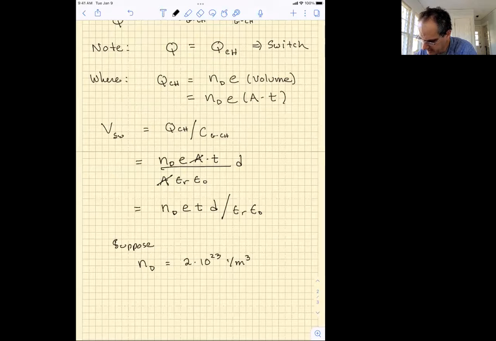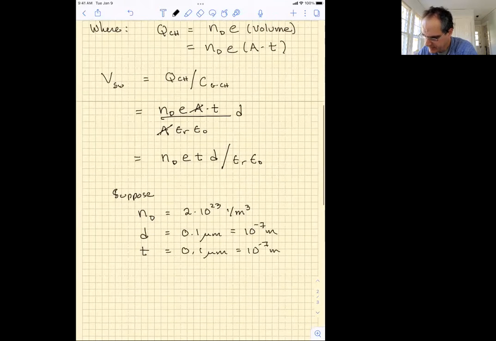Let's suppose that the distance between the gate and the channel was 0.1 microns, or 100 nanometers, or 10 to the minus 7 meters. And let's suppose the channel thickness is likewise 100 nanometers. And finally, let's suppose that the dielectric ratio for the insulator is 11, which is what it is for silicon, okay? And let's suppose, of course, epsilon_0 is a constant, 8.85 times 10 to the minus 12, okay?